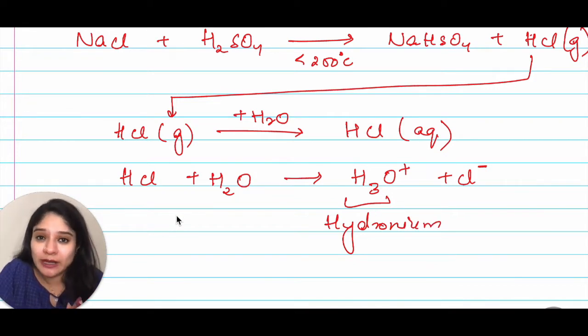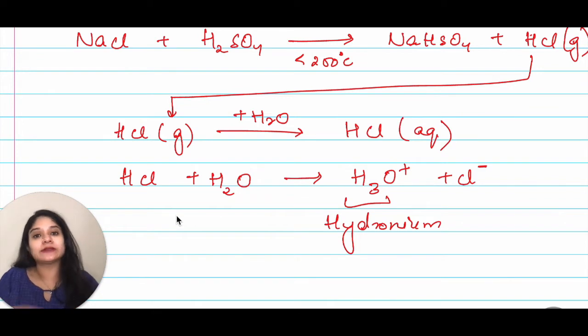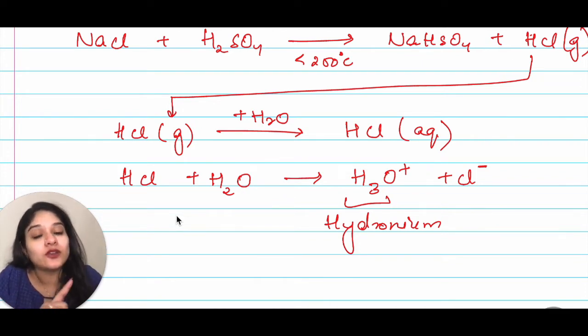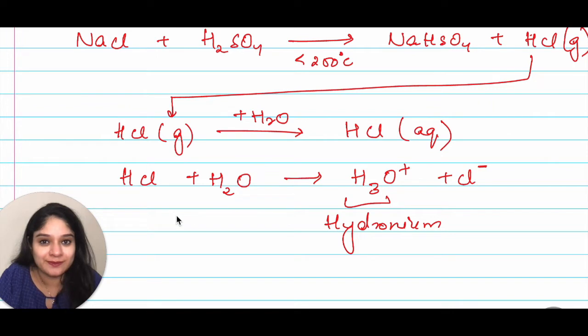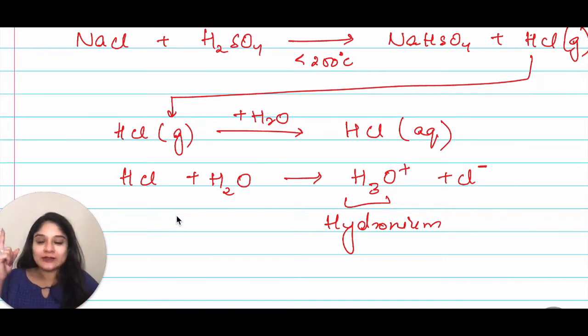This hydronium ion is the one that helps us convert blue litmus paper to red. What does that mean? That means that if you have dry HCl gas, that will not show acidic nature. That will not turn blue litmus red because dry HCl gas will not have this hydronium ion. So that's one thing.